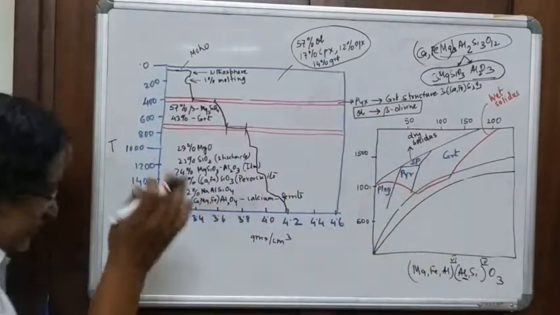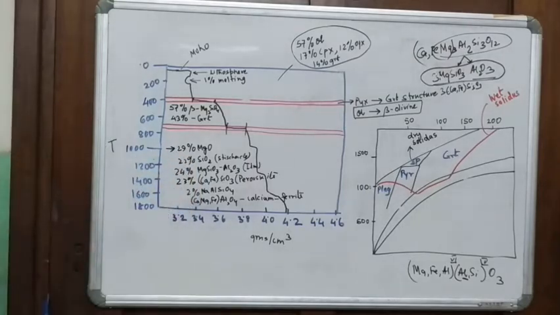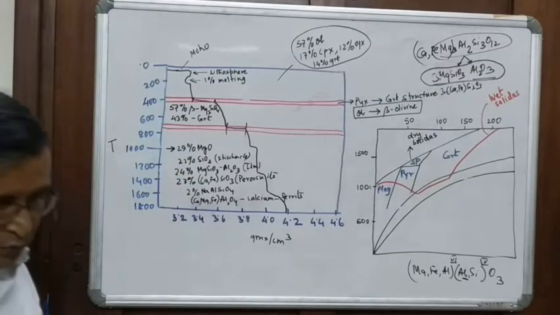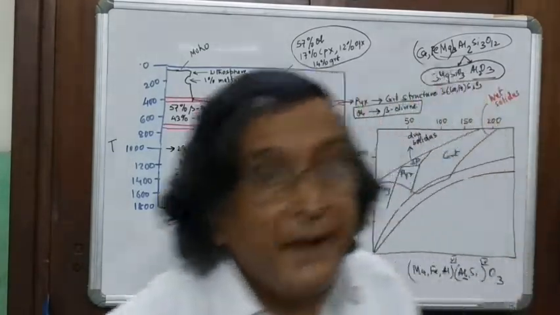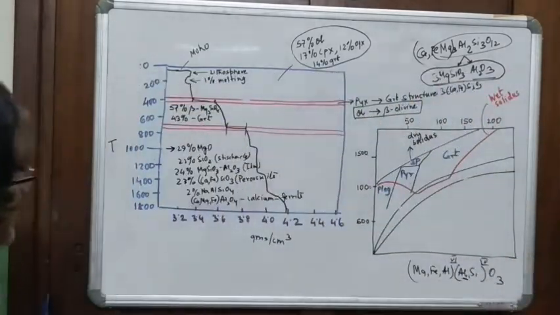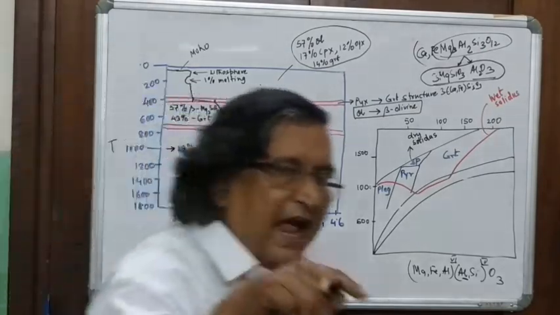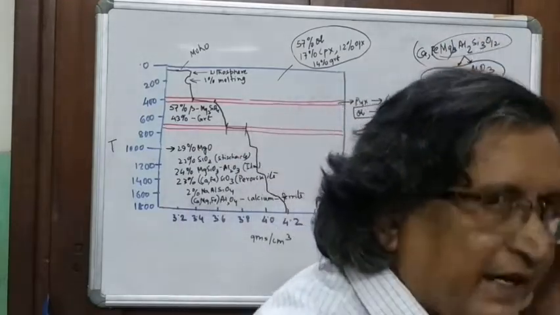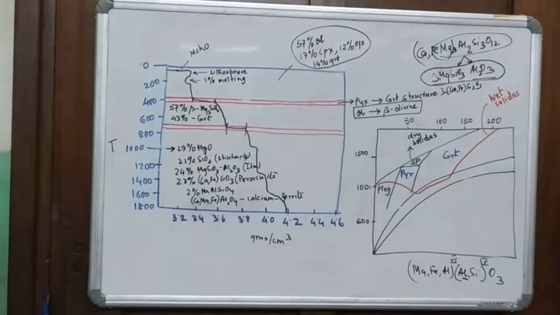It appears that the mineralogy contains 29% MgO, which is periclase. 22% SiO2, but having the structure of stishovite. Not quartz, stishovite. Quartz is not stable at that pressure and temperature condition.